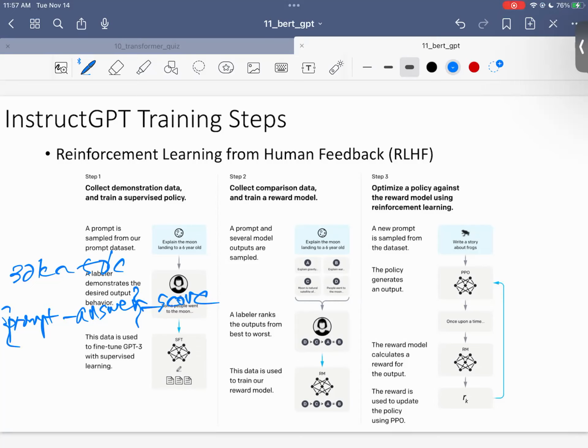Once you have that, you can build a regression model. This model will take in the prompt and the answer, and then estimate the score. So this will become your simulator. As I said, if you want to do reinforcement learning, you need a simulator. The simulator means that if I ask this and you give me that answer, the score will be 4 points, 5 points, or 3 points.